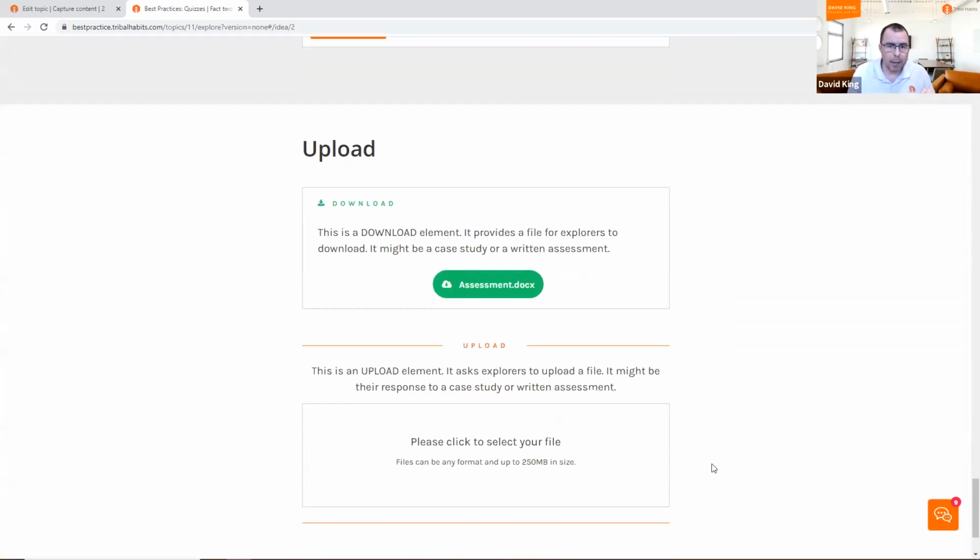If you want to do something really complex, you can also use the upload and download elements for someone to submit something very complex. The download element allows explorers or learners to download something, and so you might provide them with a case study or a template for a written assessment. That's part one, they download this.